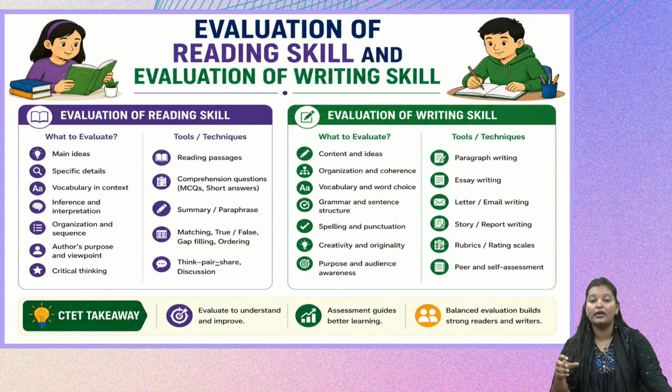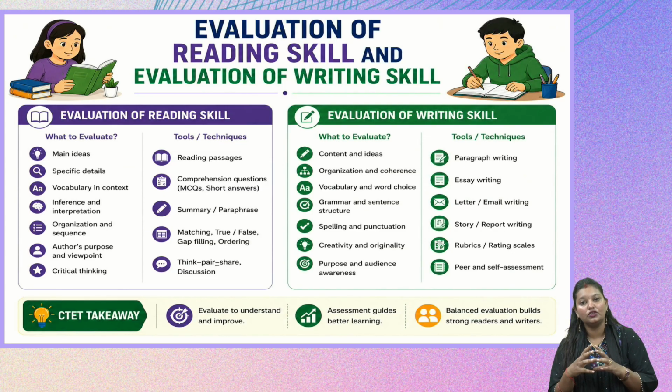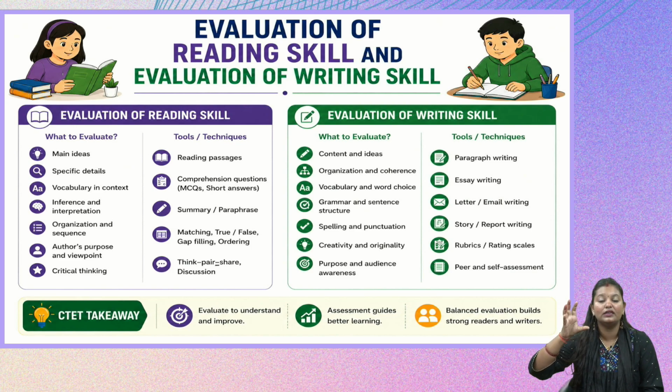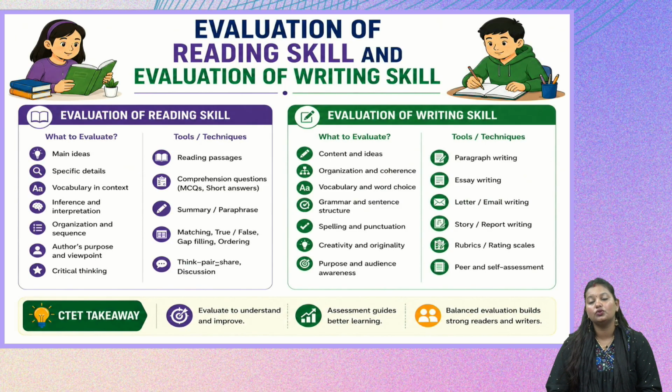We can also ask the students to develop stories based on certain key points, or we can show them an image and ask them to write a story about what they see. We can also use various rubrics in order to assess writing skills. We need to give a specific description of the basis on which this evaluation will happen so that the children also know the expectations that are being given to them.